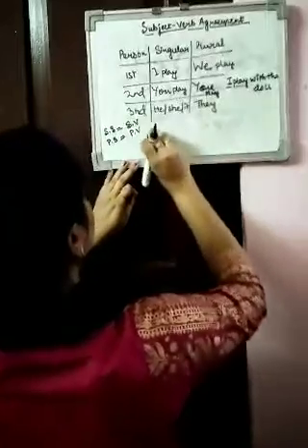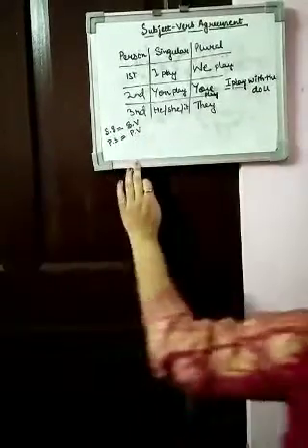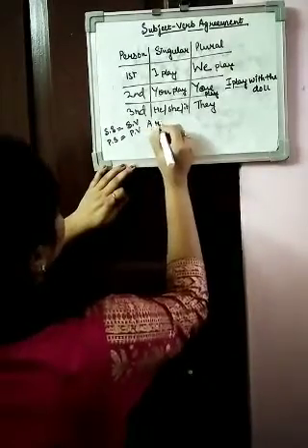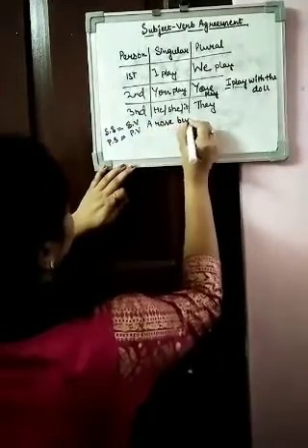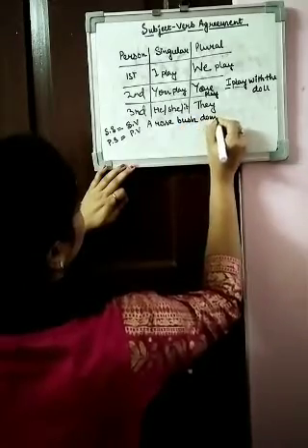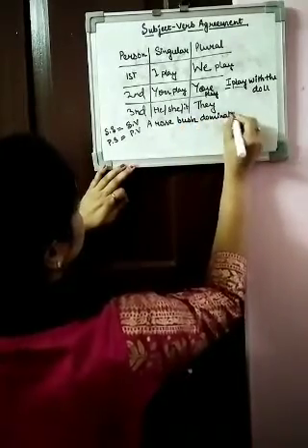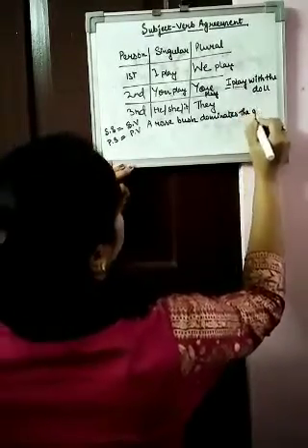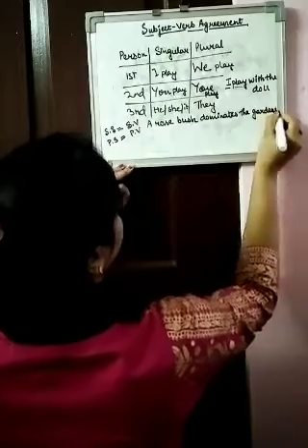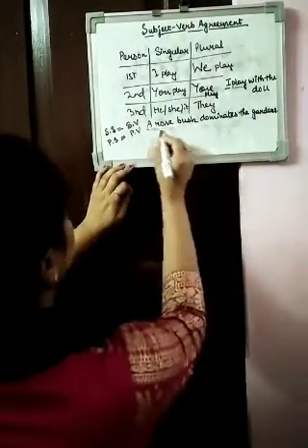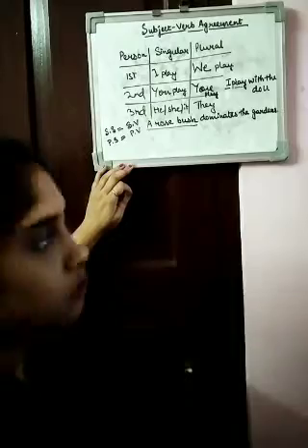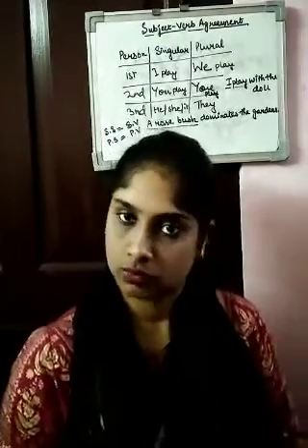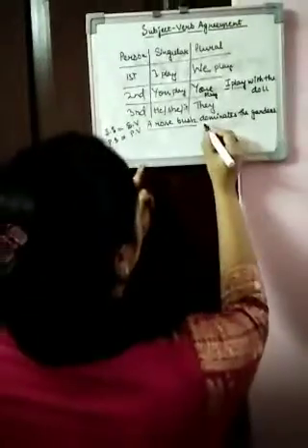Okay, so the question is, a rose bush dominates the gardens. Now see one thing, this is the subject, a rose bush, and here it is written dominates.